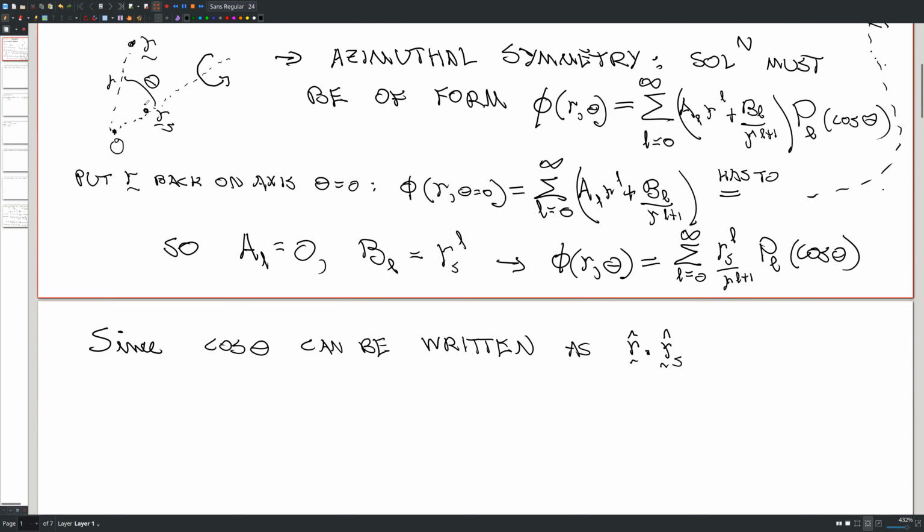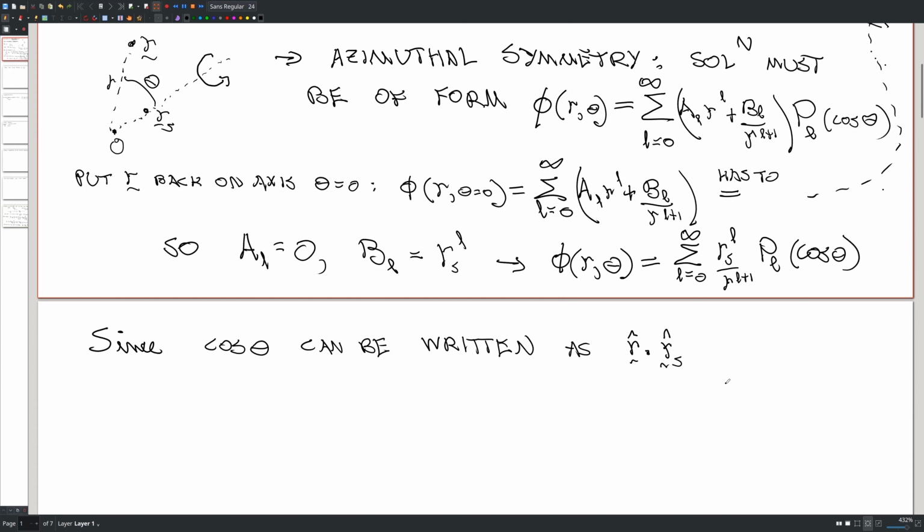If I have a unit vector in the direction of the source and a unit vector in the direction of r, cos theta is just the scalar product between these two. So I can lift the representation completely from any particular choice of axis.